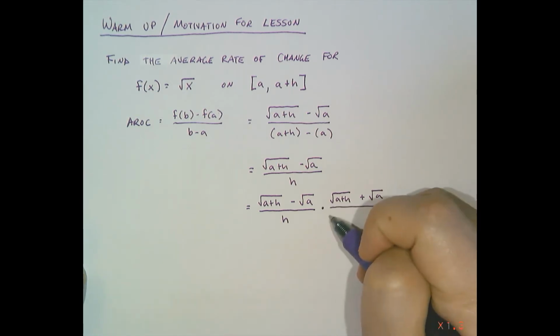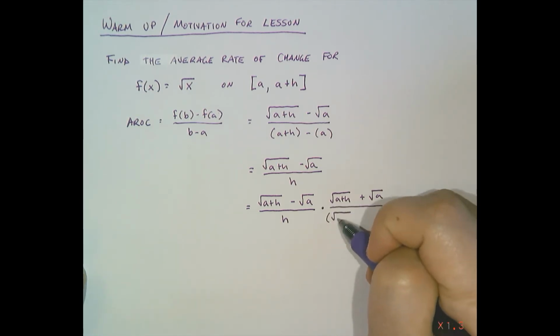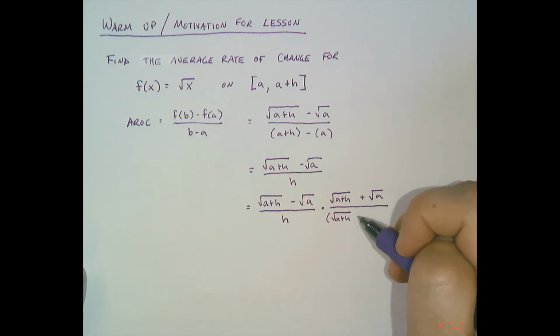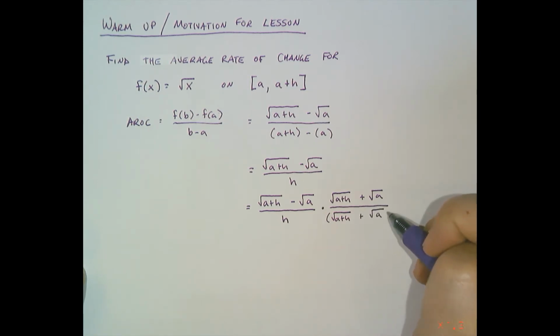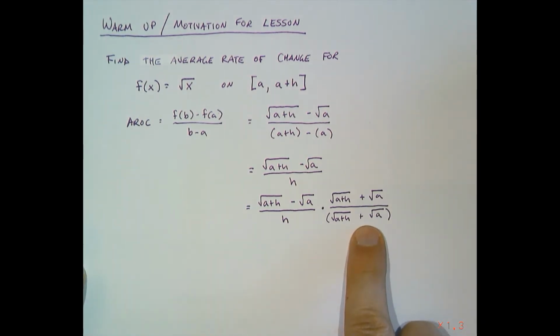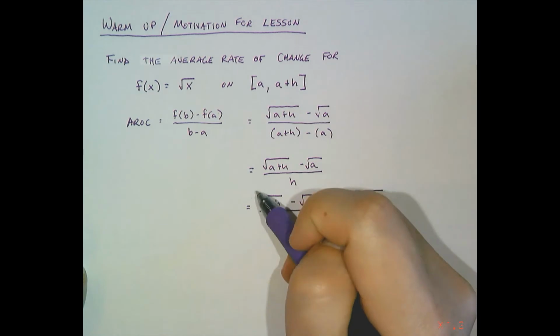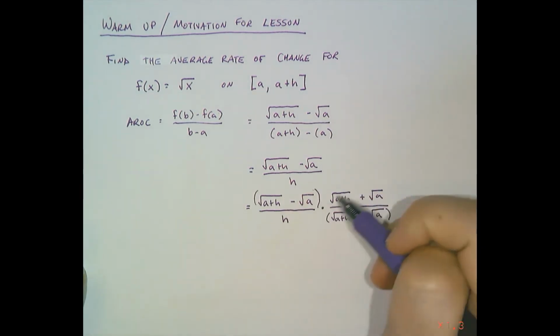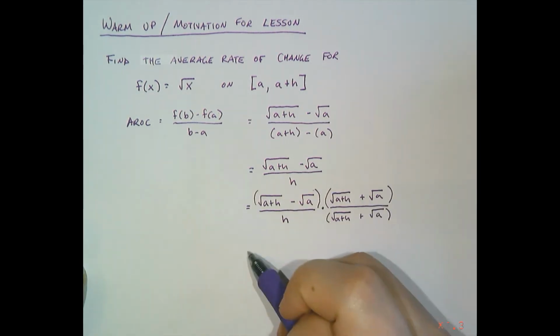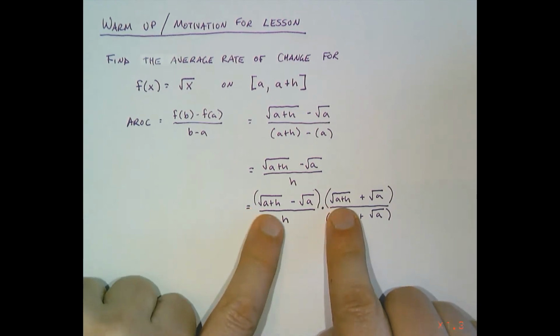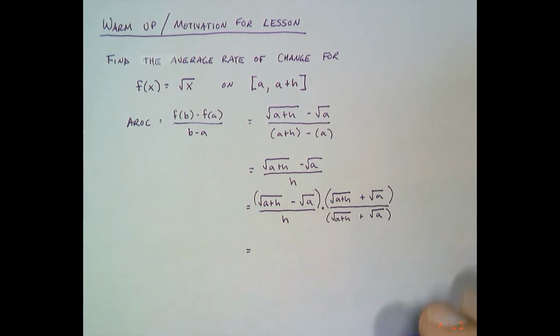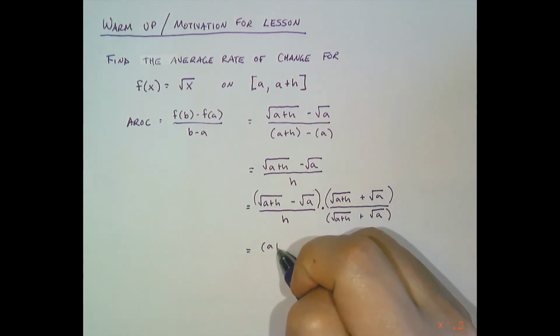Now, if we are to do that to the top, then we must also do that to the bottom. That way we're effectively multiplying by a 1. And if I take the time to FOIL the numerator, my first terms multiply together to cancel the radical.